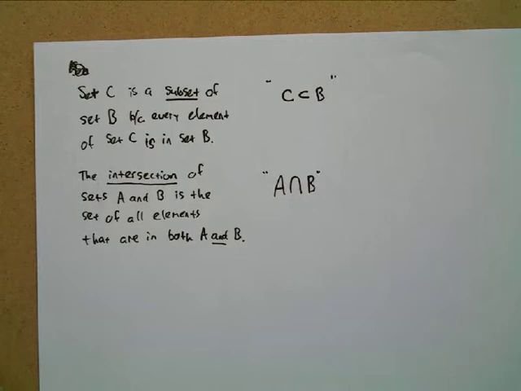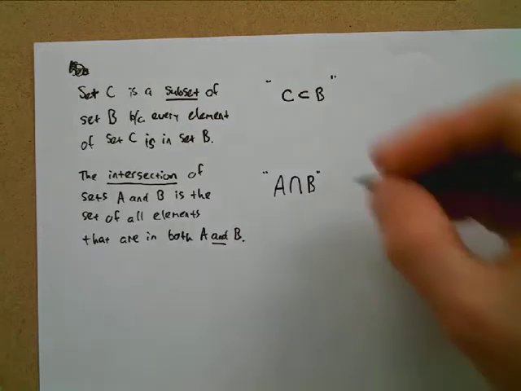Rewrite these up here just so you have them. So in our case, what is the intersection of sets A and B? What are the elements that are in both A and B? What's the intersection of these two sets that we had from earlier? 2, yeah.